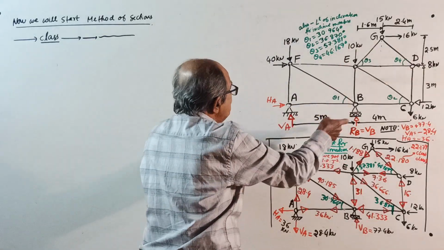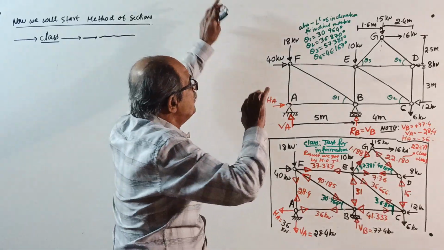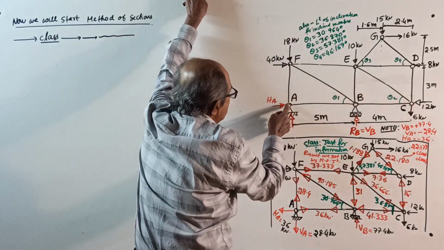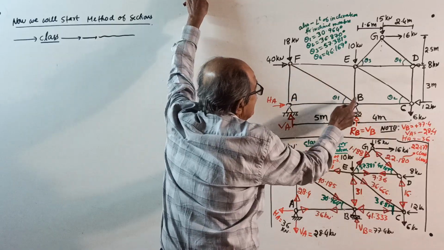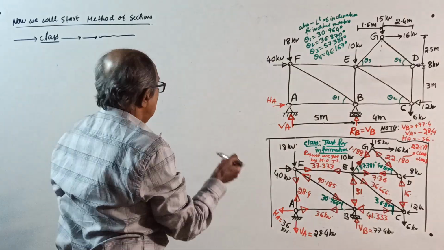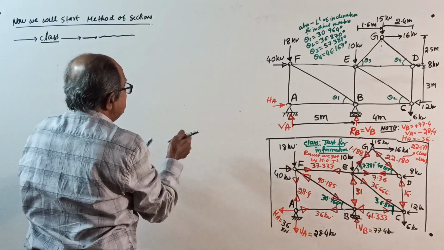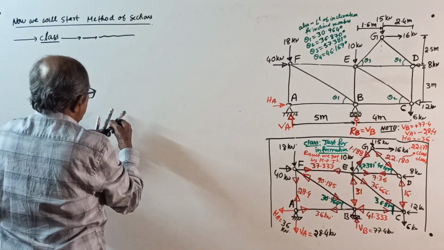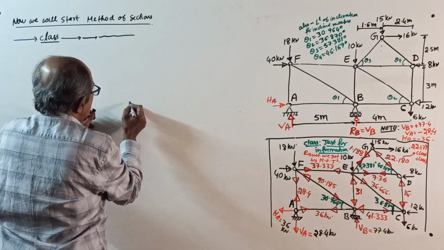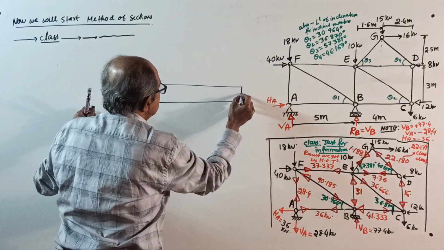In method of joints, you start from one end. Slowly you have to go. Suppose you want a force here, from here you start, come here, or from there you start. Suppose there is a big frame, for example, maybe a bridge truss, very huge.